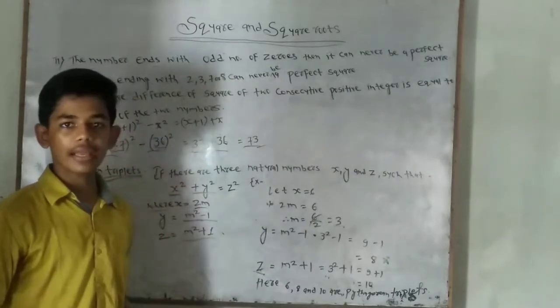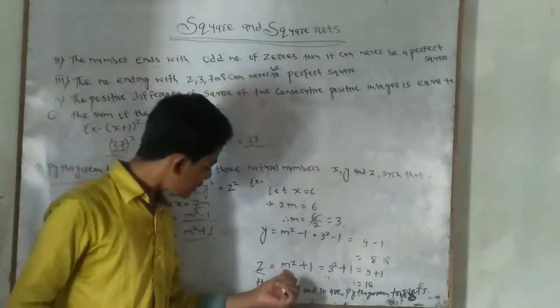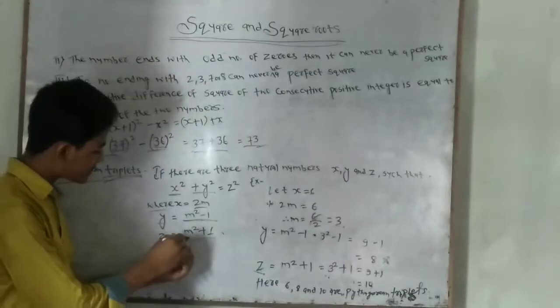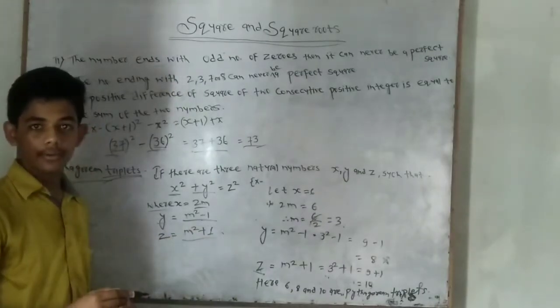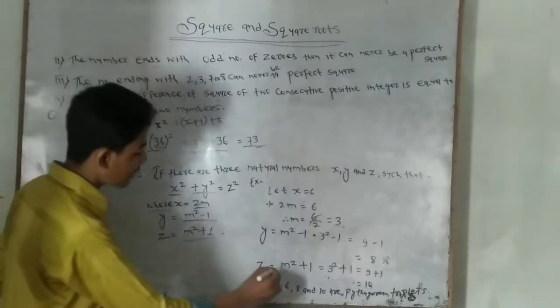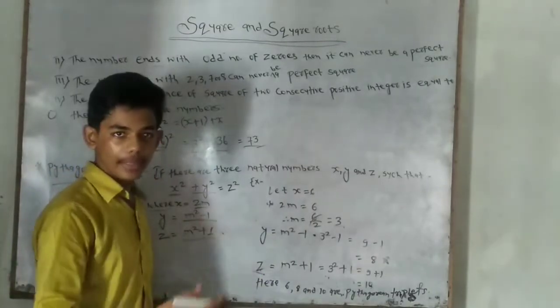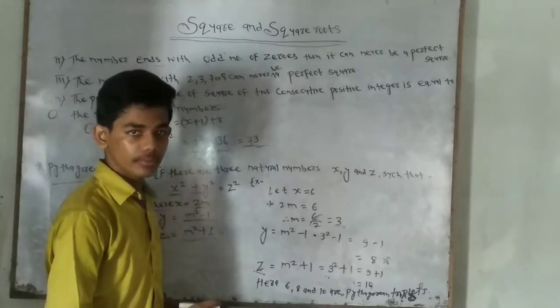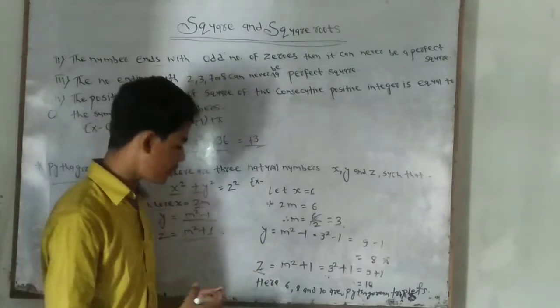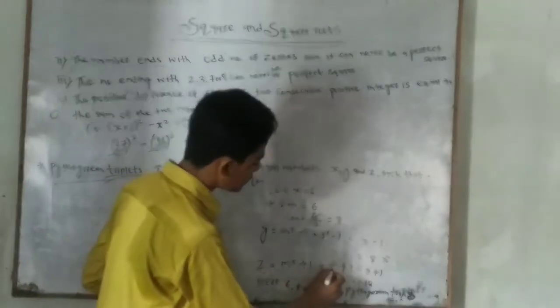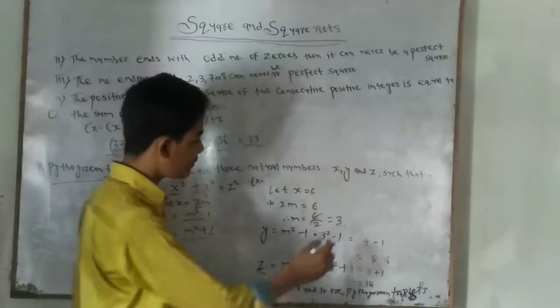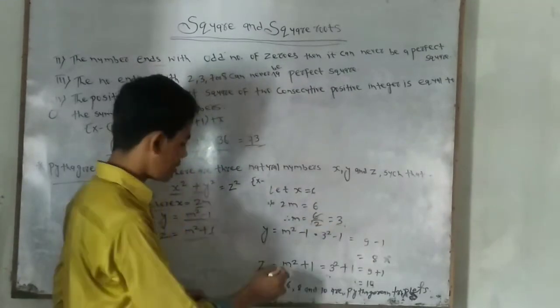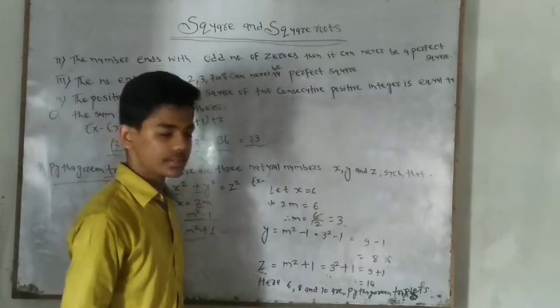Now the z. We have to find the value of z. According to this, z is equal to m square plus 1. The value of m will be multiplied 2 times, meaning itself, so the square of m will be there. Then m square is equal to 3 square, because m is 3, and 3 into 3 is equal to 9.